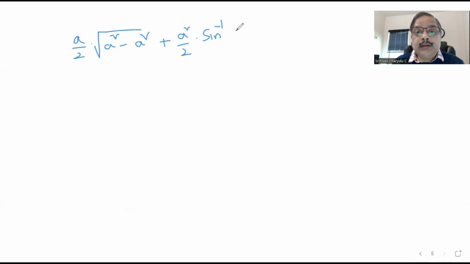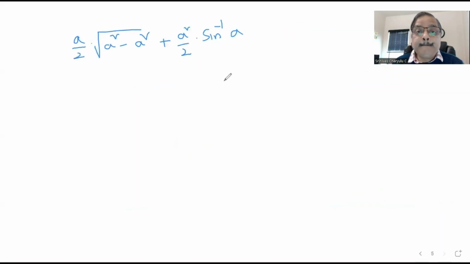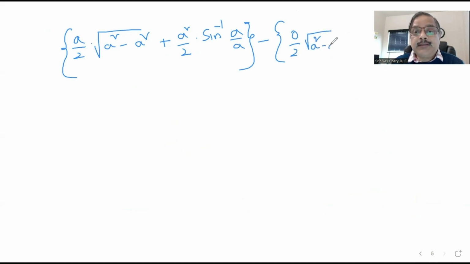This is called your upper limit. Now let us put the lower limit. What is the lower limit? 0 is the lower limit. So 0 by 2 root of a square minus 0 square plus a square by 2 into sine inverse 0 by a. Okay, this is the lower limit.